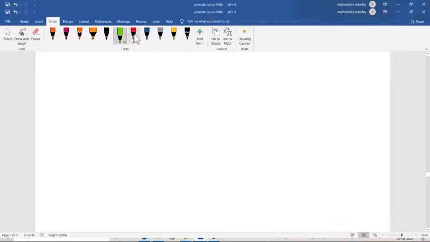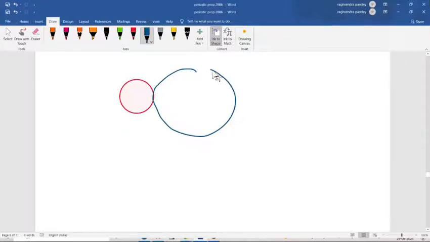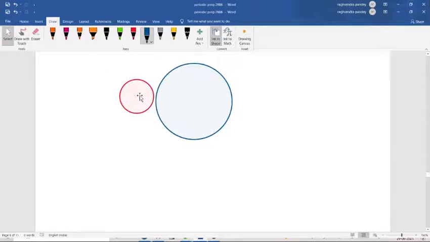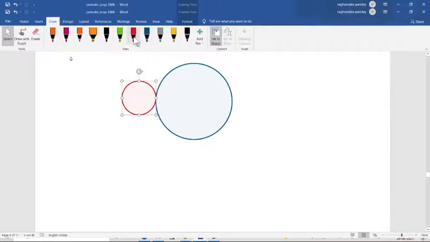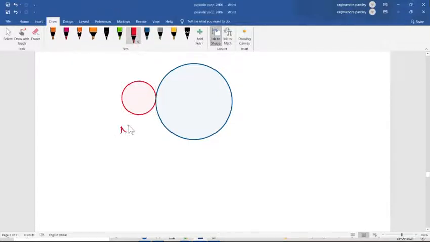So what is the cation and anion? Cation is always smaller and anion is always larger. That is your anion. Suppose this is your sodium ion, and the blue color is the chloride ion.